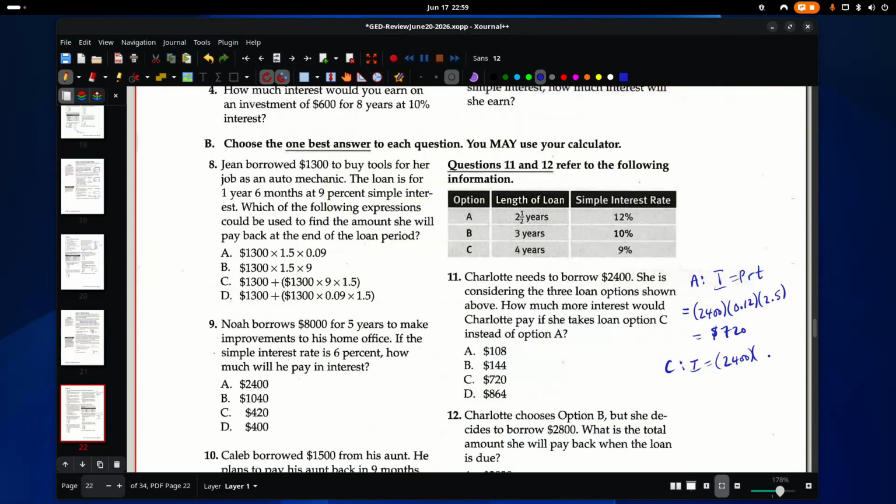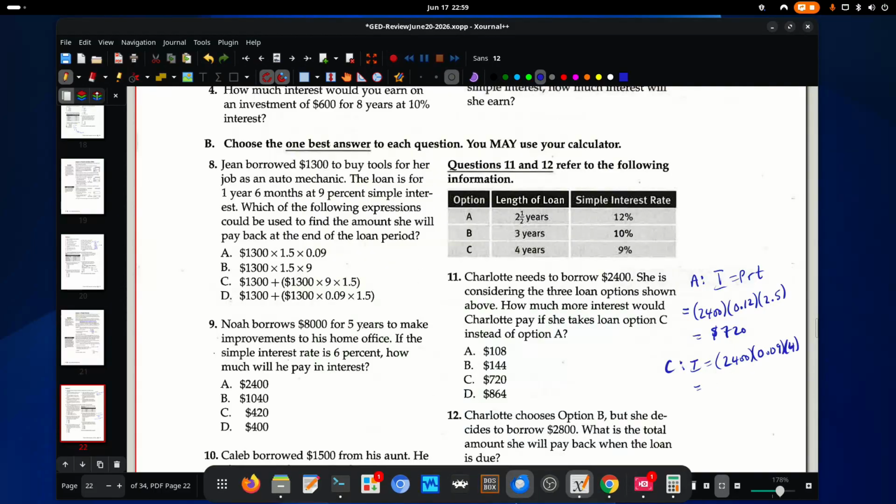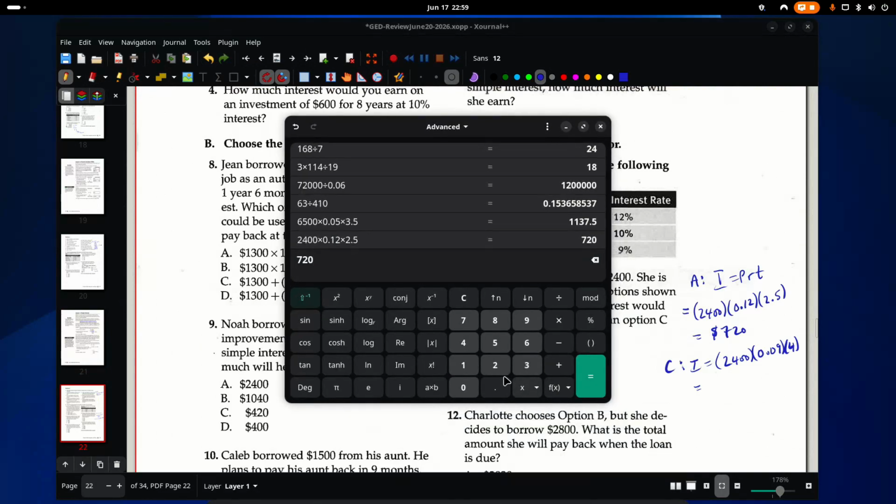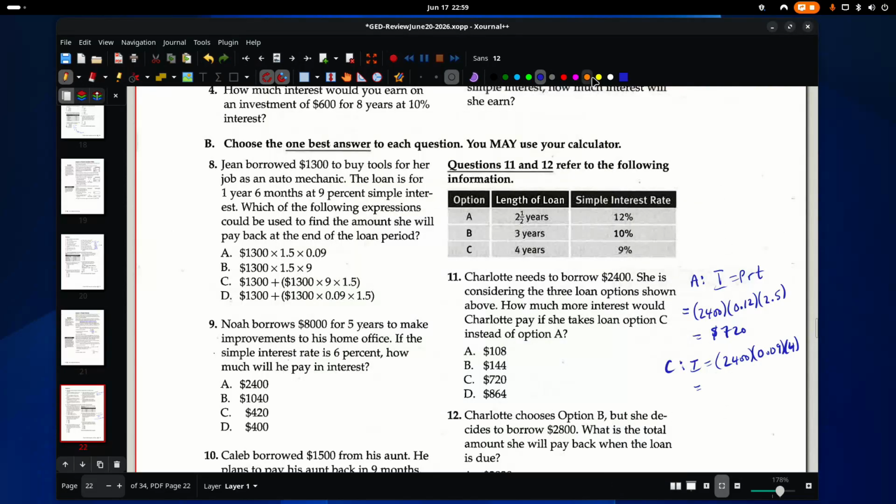So 2,400 times decimal 0.09 times 4. So let's see what we get there. 2,400 times 0.09 times 4. And I got $864.